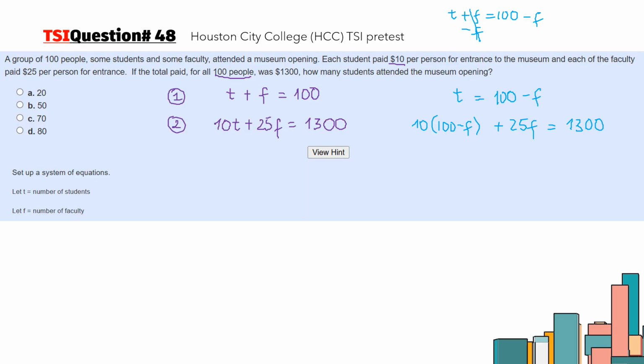Now we distribute. 10 times 100 is 1,000. 10 times negative F is minus 10F, plus 25F. That equals 1300. Now we combine like terms and we subtract 1,000 from both sides.